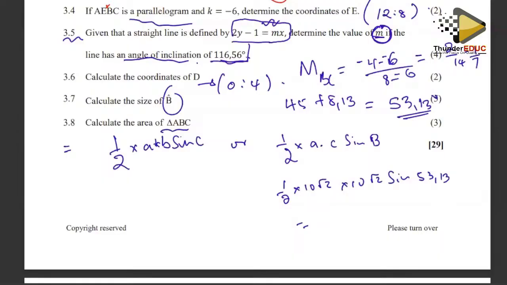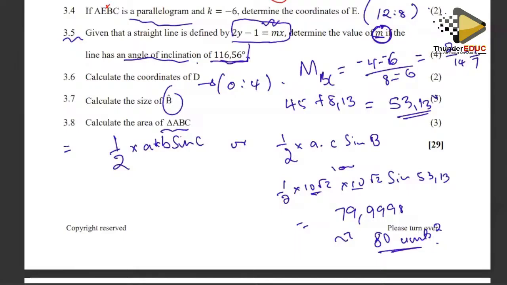So when I punch this into the calculator, that's gonna be the sine of 53,13. I'm multiplying it by 100, because this and this is gonna be 200 divided by 2, that's like 100. So I'm getting 79,9998, which is approximately 80 units squared.